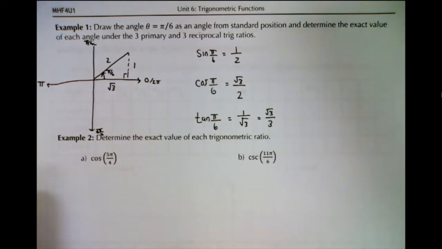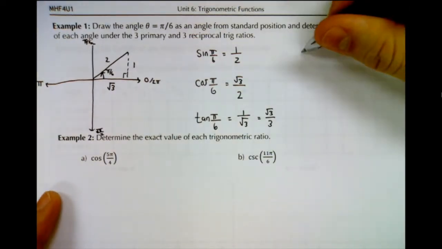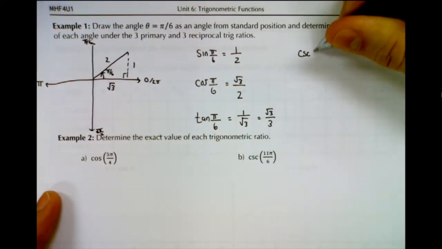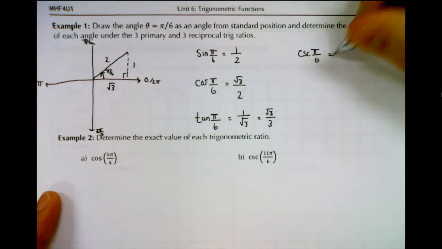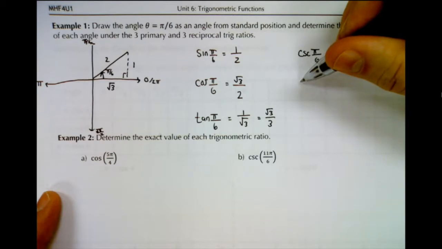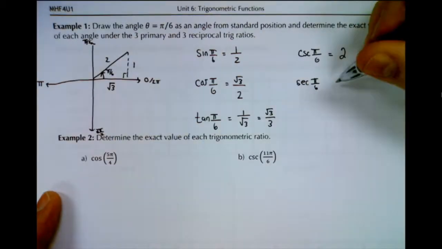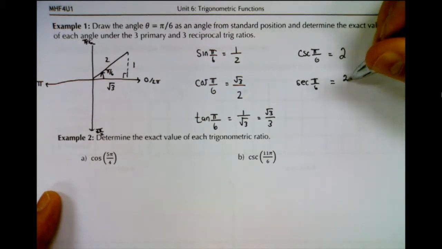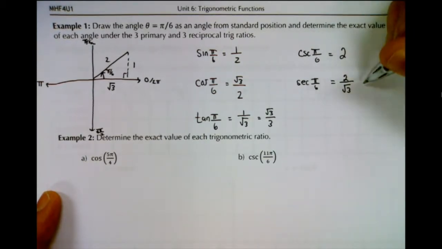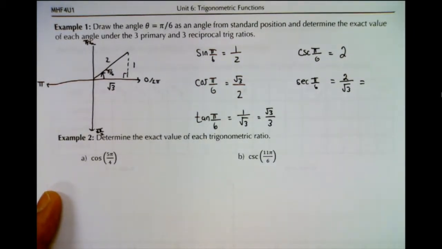To get our reciprocals, the reciprocal of sine is cosecant. Cosecant pi over 6. Flip that fraction, we get 2. The reciprocal of cos is secant. Flip that fraction, we get 2 over root 3. And to rationalize, multiply top and bottom by root 3.